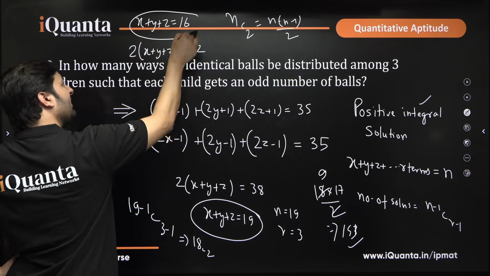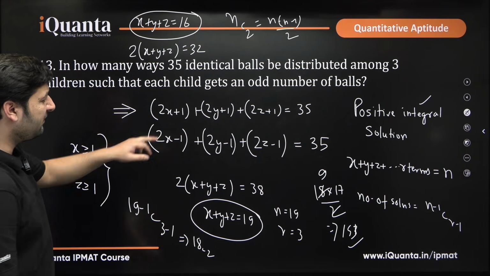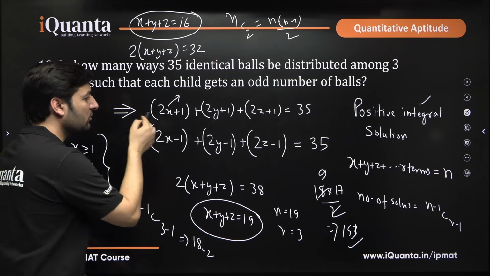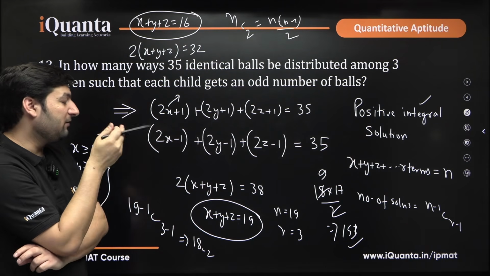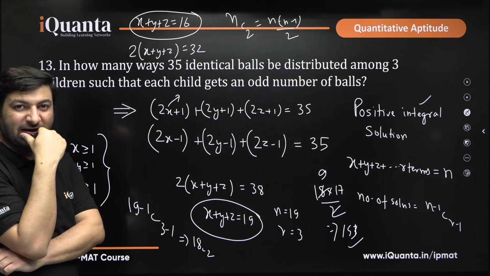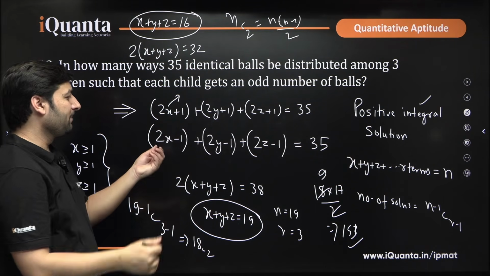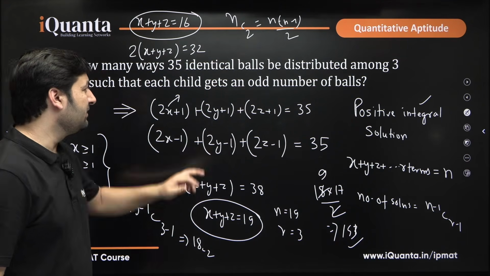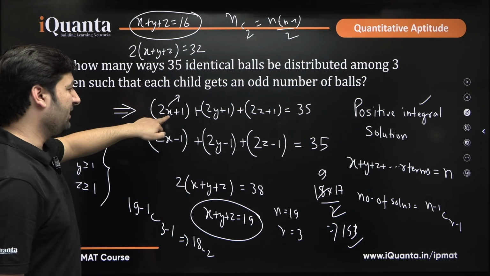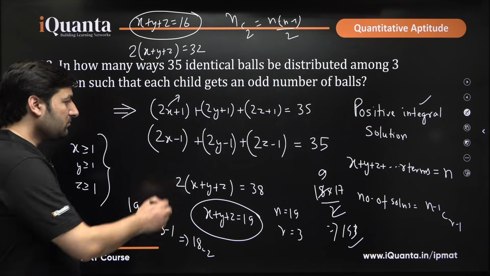But now what value can you give to x, y, z? Can you give the value x equal to 0? Because x, y, z are ultimately the number of balls that the students are getting. So, can x become 0?